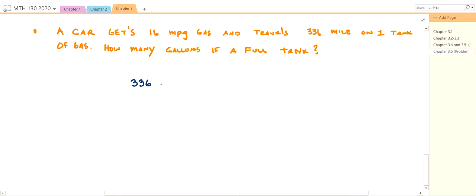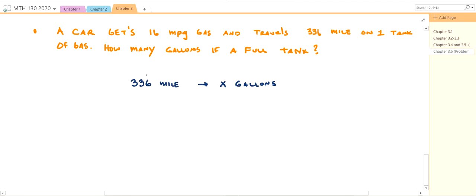We're going to look at 336 miles. That's how far we travel. And we're going to convert this into, let's say, X gallons of gas. Notice I'm not making an equal sign here.